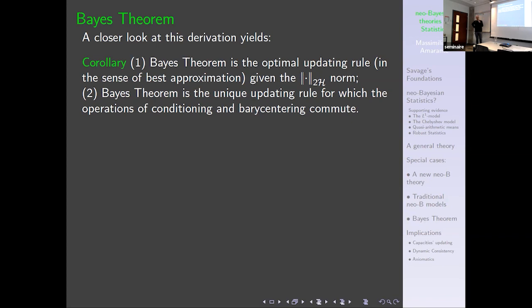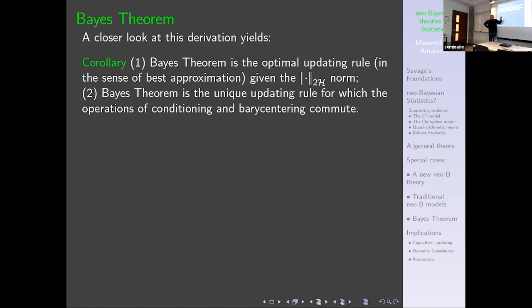It wasn't obvious that these two procedures gave the same result. This rederivation of Bayesian statistics shows not only that Bayes theorem is the optimal update rule for the L2 norm, but also that it is the unique rule that makes these two procedures commute.